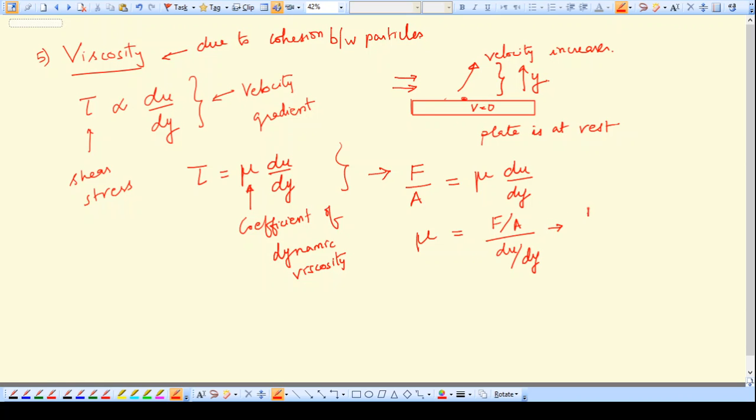The unit of force is Newton and the unit of area is meter square. The unit of velocity is meter per second and the unit of distance is meter. When you cancel all this, you get Newton second per meter square. So the unit of dynamic viscosity is Newton second per meter square.